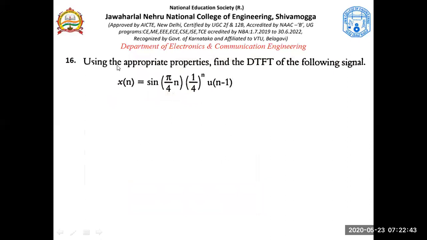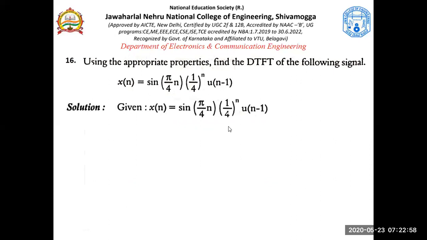So next is this. Again using the appropriate properties, you have to find the DTFT of this signal. Have you seen the sinusoidal signal? If you have seen that, it would work, otherwise no. Now here, you have n minus 1, but this is one standard signal. So here we also need n minus 1.